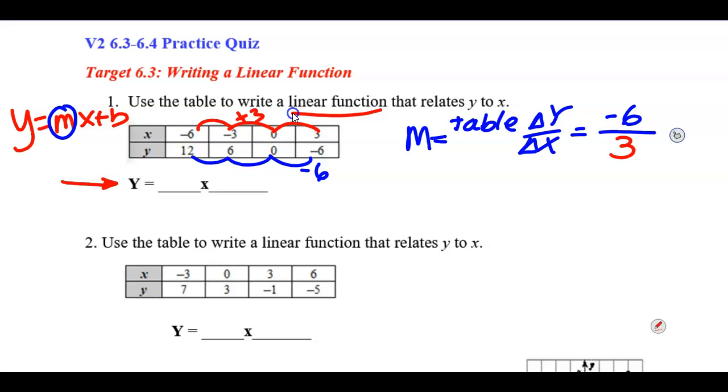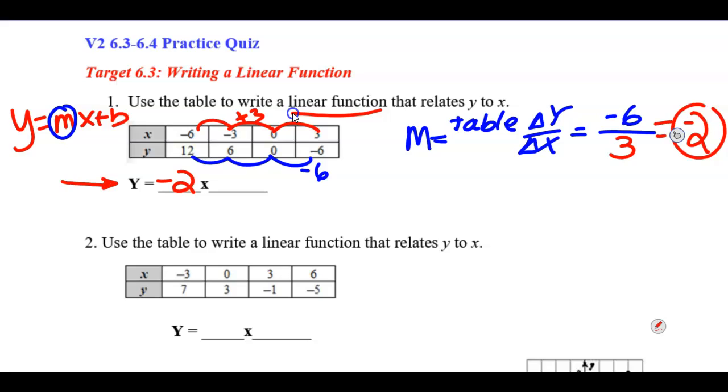And then when I use my calculator to simplify this, negative 6 divided by 3 would actually give me a negative 2. So right away, I know that in y equals mx plus b, my m is negative 2. How do I find my b?